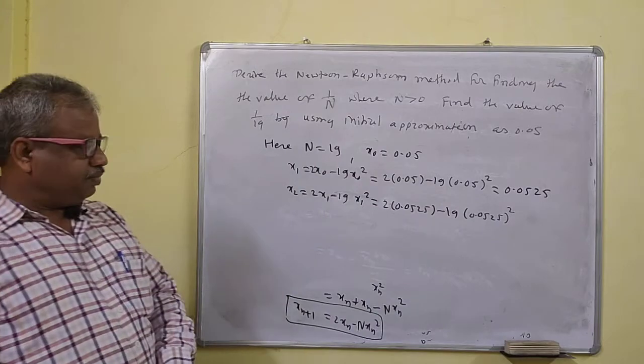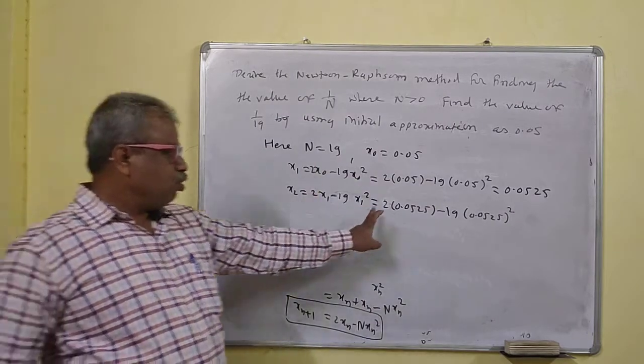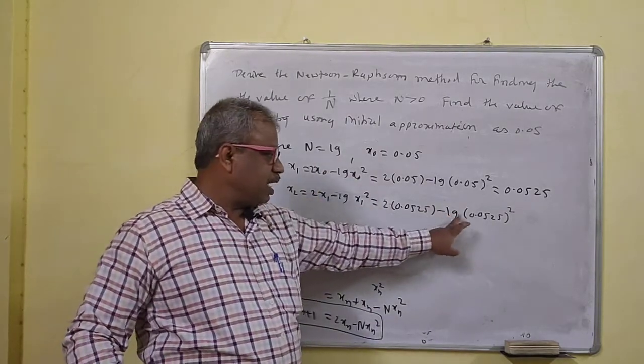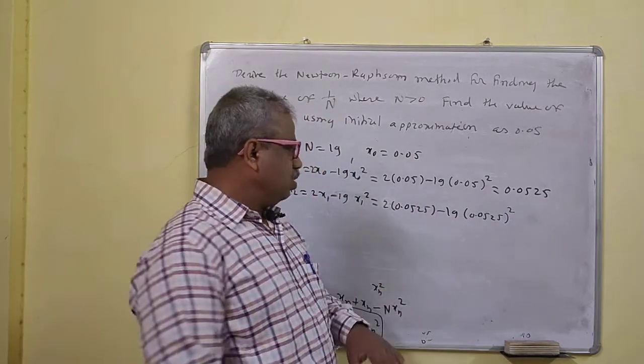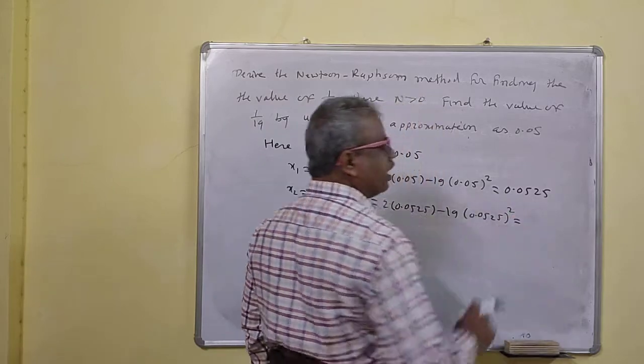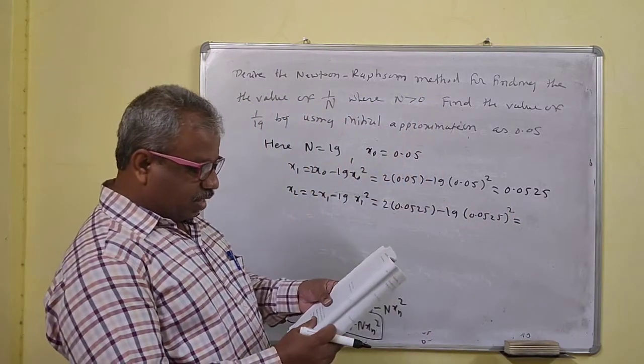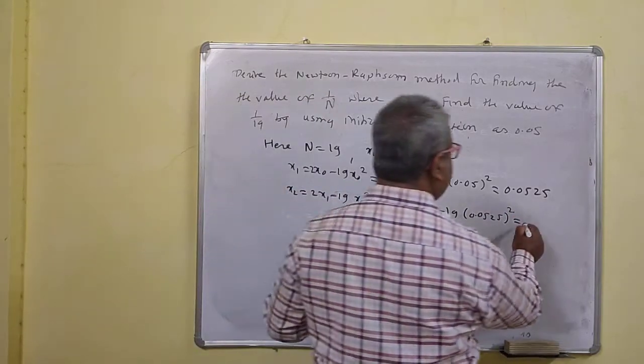How to type this? Just write it as it is in brackets: 2 bracket this, minus 19 bracket this square. Just type it on the calculator, and press equal to. You will get the value on a scientific calculator.